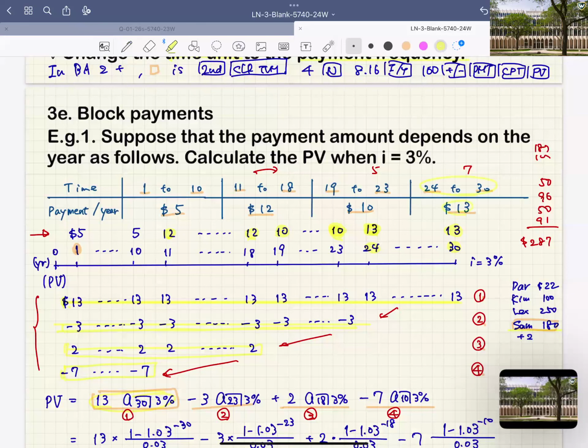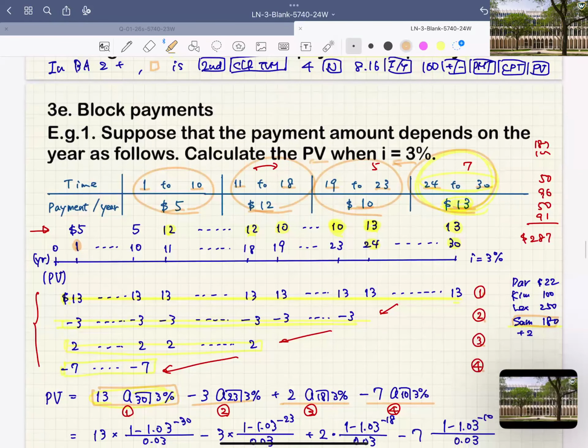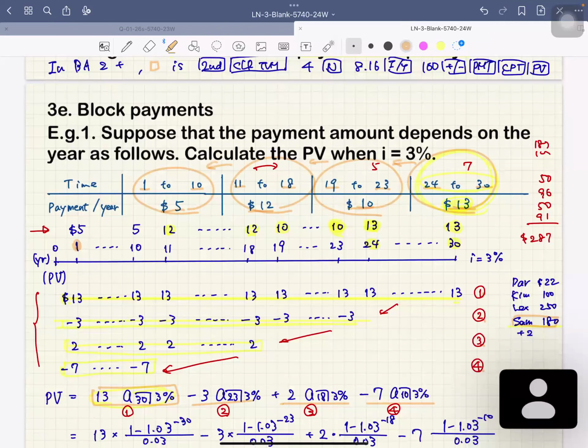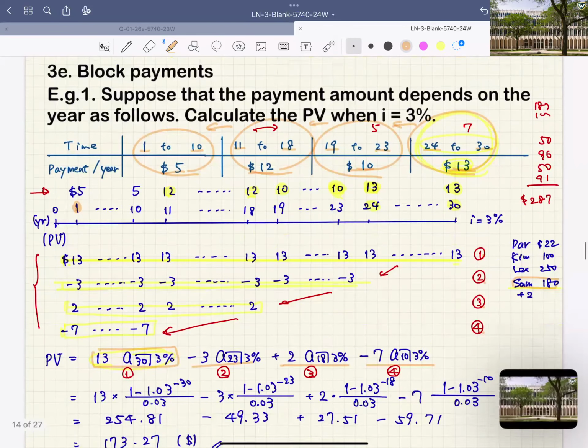So we have to match that payment first. That's why we consider the $13 payment for 30 years at first. So to calculate PV, we go from here, then here, then here. In that way, we go backward, okay? So it's not about what is the longest cash flow, it's the most recent, or the last. Yeah, you're right.